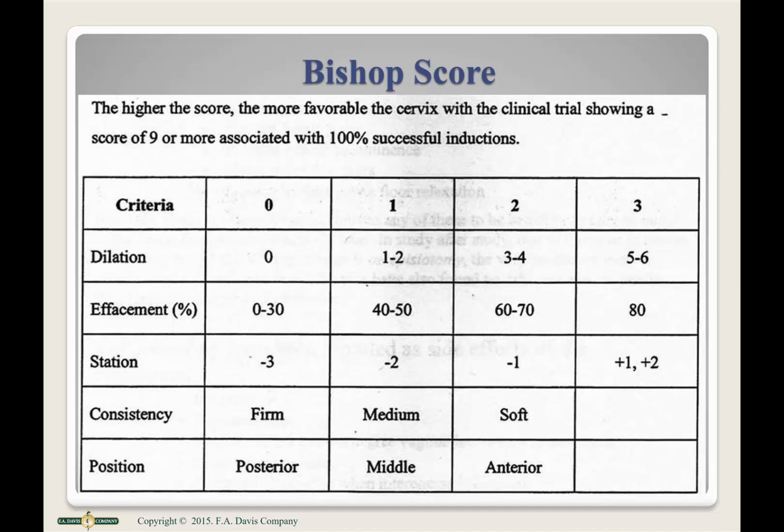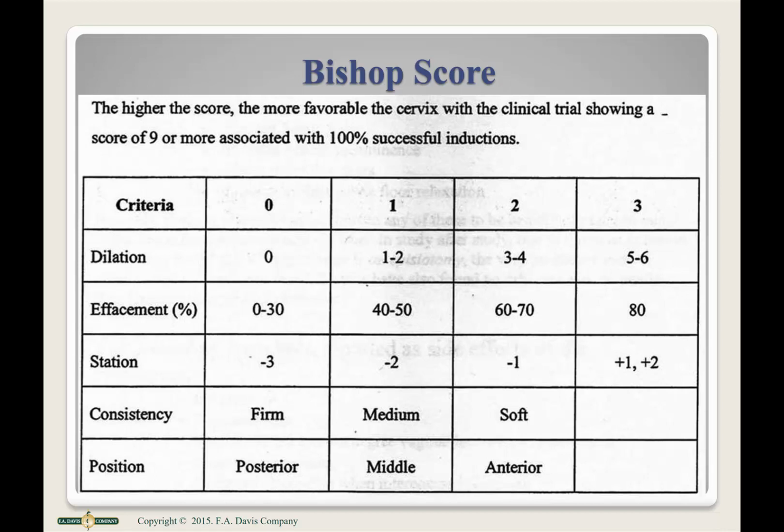When we assess our cervix, we want to know what is her dilation. When you go across the chart, we have dilation from 0 to 6 centimeters. Depending on what her cervix is, she will get the score that is heading the column above that certain dilation. So for dilation, if she has a cervix that's 4 centimeters, she gets 2 points.